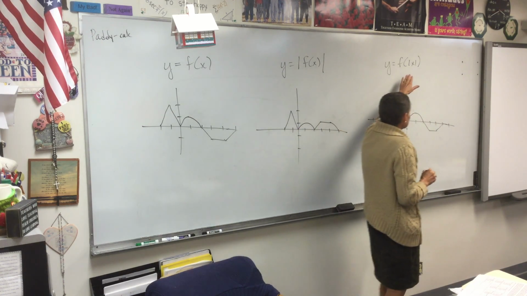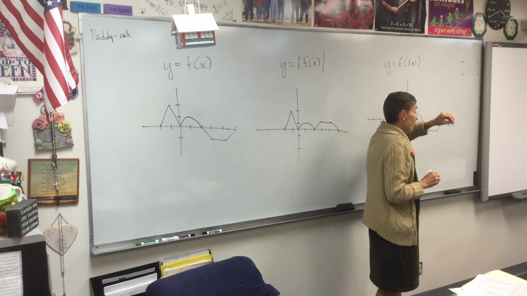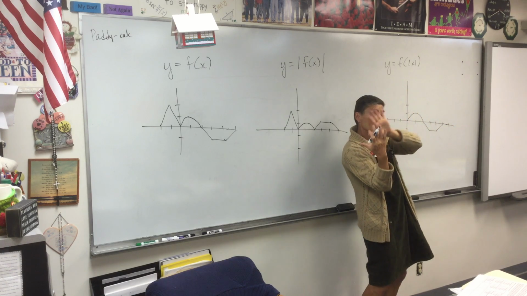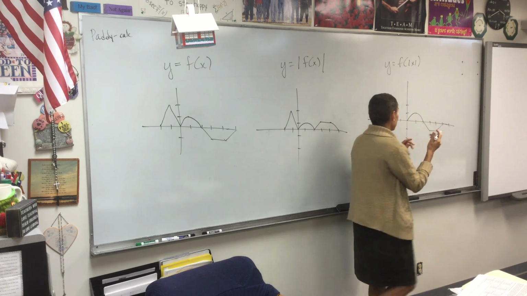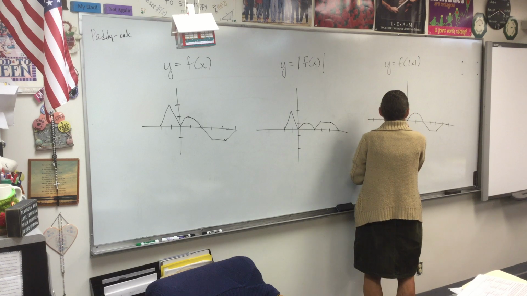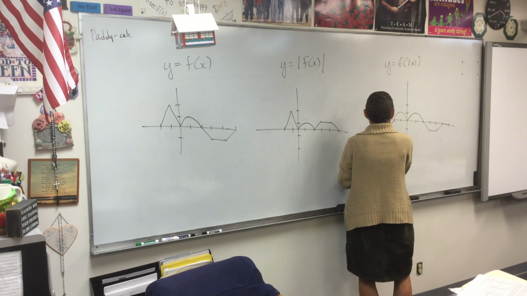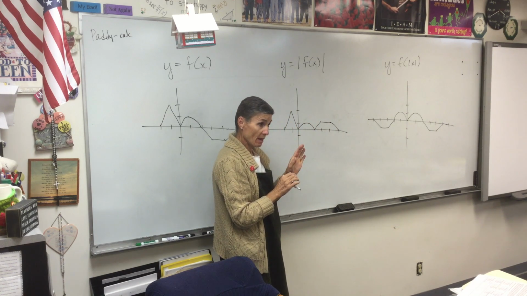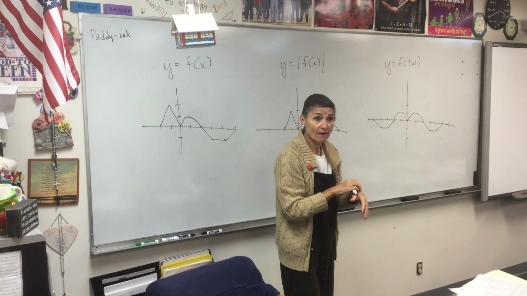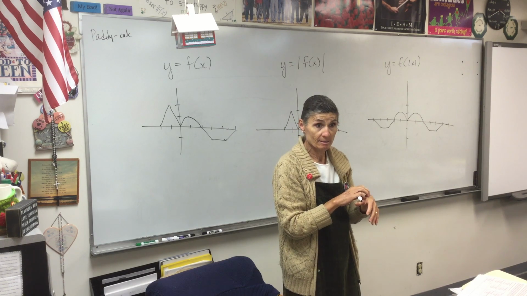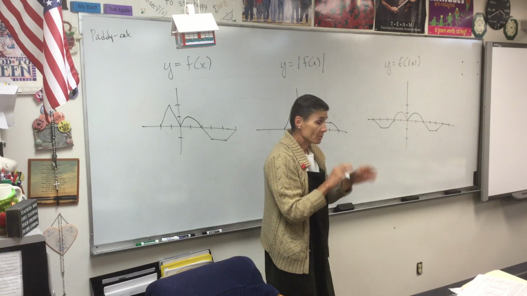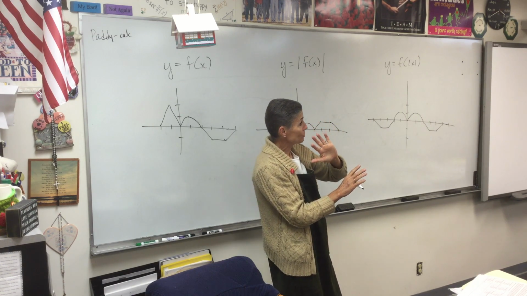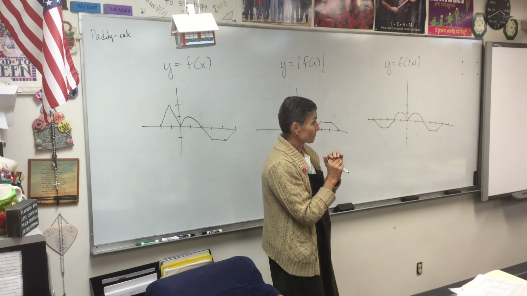When you're doing the absolute value of x, just x, you draw the right side of the picture and then you mirror it onto the other side. One more time on that one. When you're taking the absolute value of just x, you draw the right side of the picture, whatever it is, and then mirror it onto the left side.